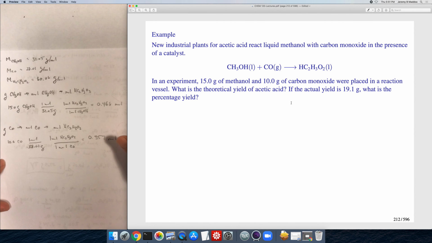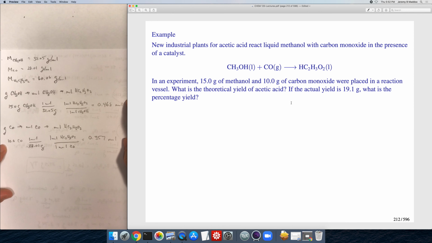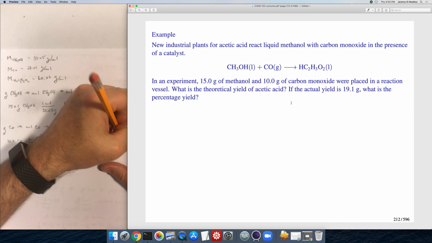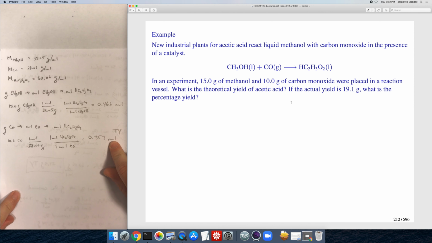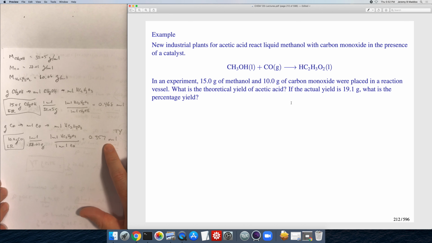So we see that the number of moles of acetic acid generated from the carbon monoxide is smaller than that generated from the methanol. So this is the theoretical yield in moles of the acetic acid. The 10 grams of carbon monoxide is the limiting reactant. The 15 grams of methanol is the excess reactant. Okay. We're going to calculate the theoretical yield of acetic acid in grams.